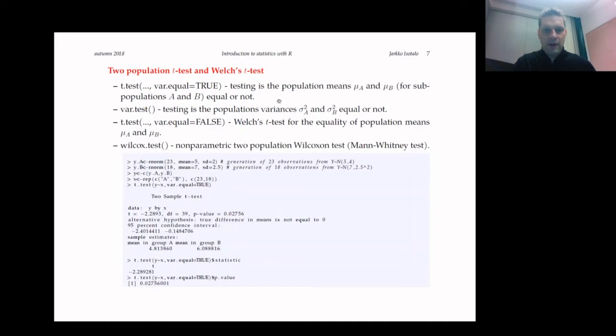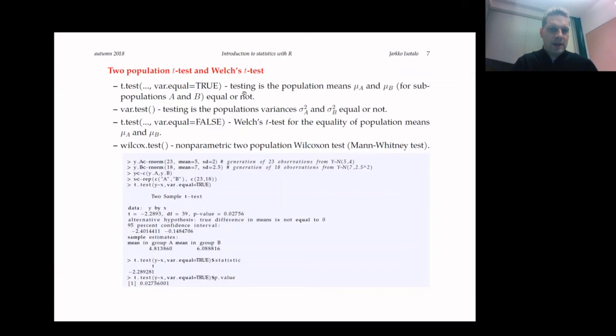However, if we come to the conclusion that these population variances are not equal, and under that condition we still want to continue to research whether the population means are equal or not, then we can use what is called a Welch t-test by using this function with the argument var.equal = FALSE.